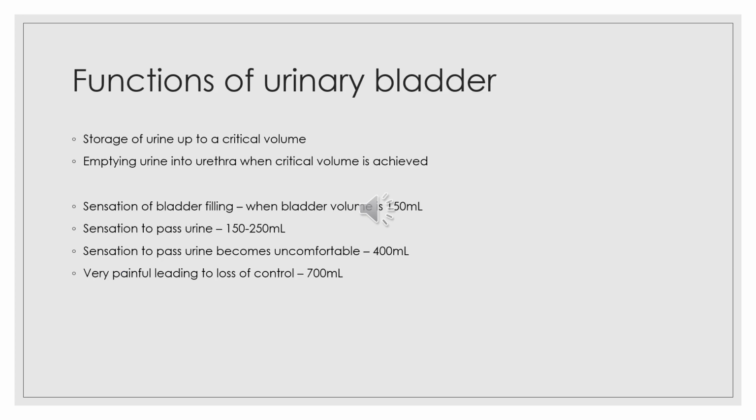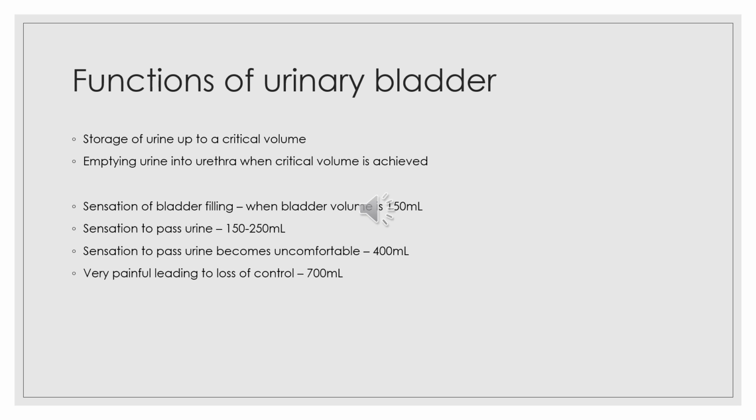There are two main functions for the urinary bladder. First one is the storage of urine up to a critical volume. And second is when this critical volume is reached, the bladder will empty the urine into the urethra. So these are the two functions served by the bladder. When the bladder volume increases up to 150 ml, we will have that feeling of bladder filling.